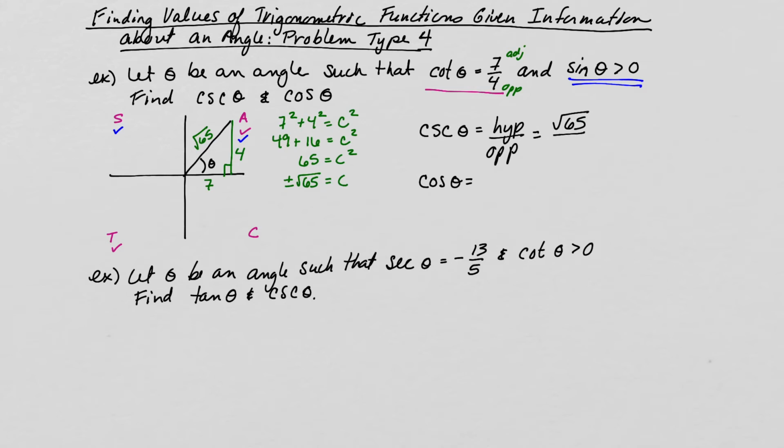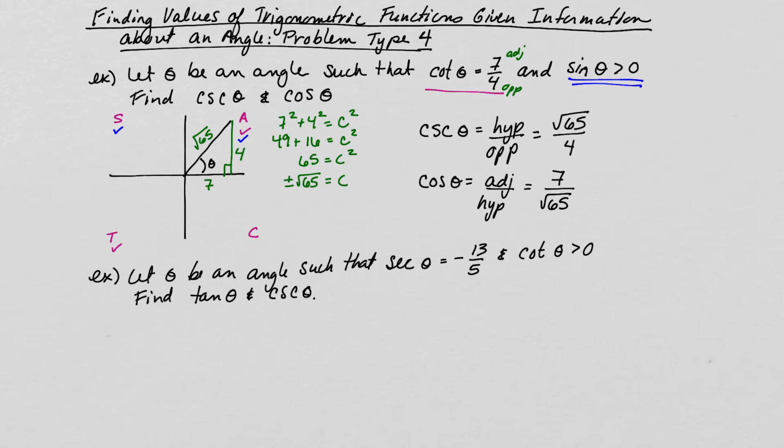The opposite is 4. So it should be the square root of 65 over 4. That should be the answer there for the cosecant. Sorry about that. Cosine is adjacent over hypotenuse. So the adjacent is 7 and the hypotenuse is the square root of 65.